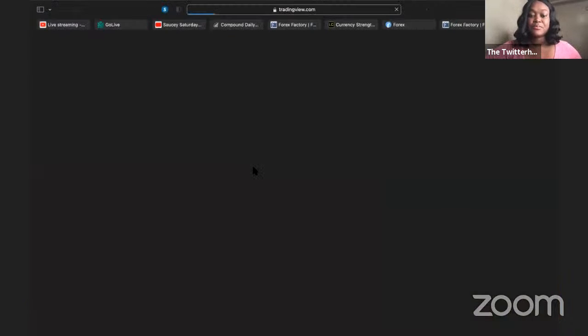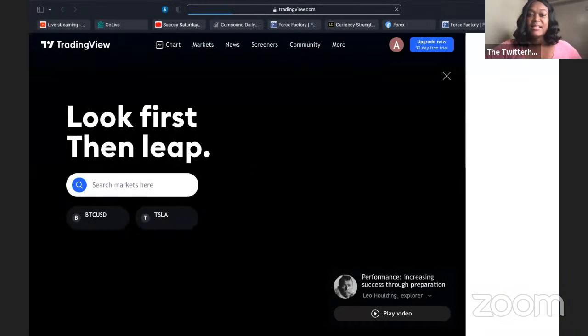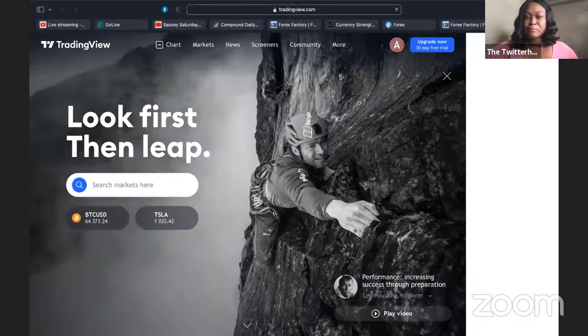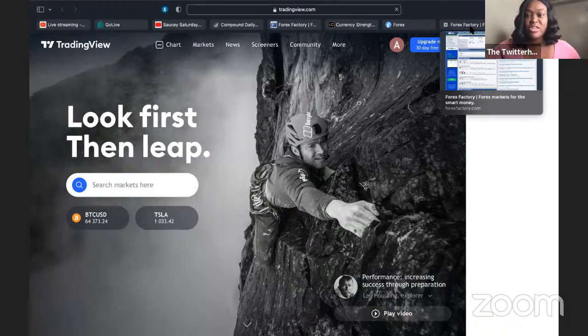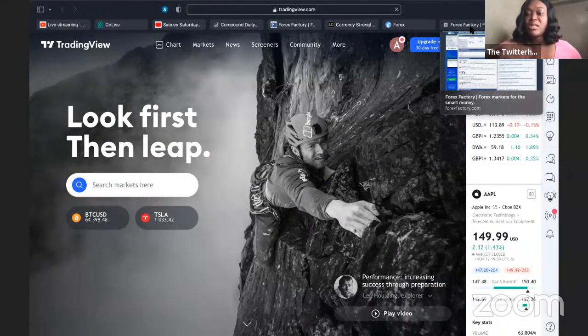There we go. Okay. And TradingView, you can use it for free. You don't need to pay, but you can also have the paid version.